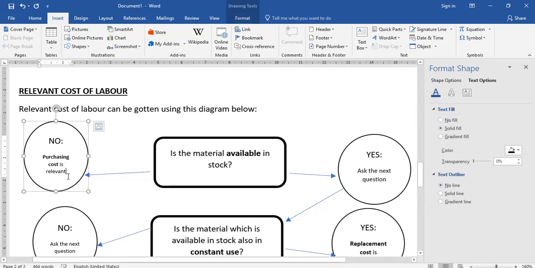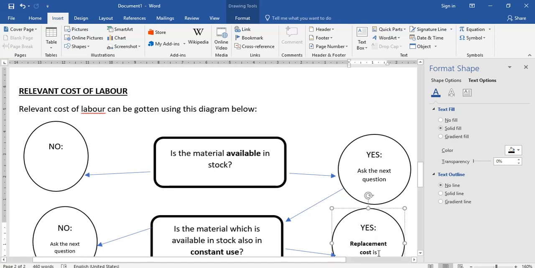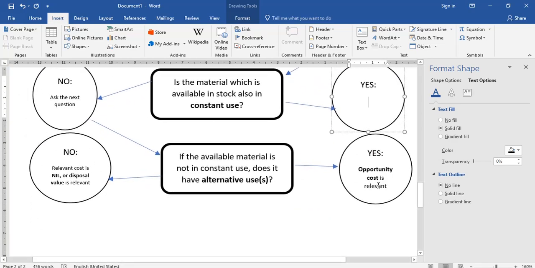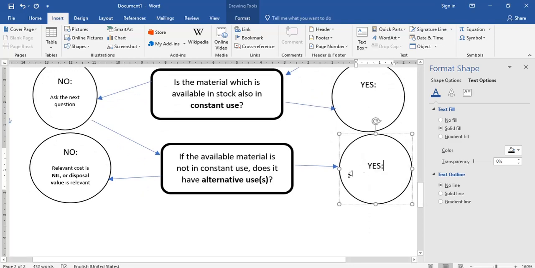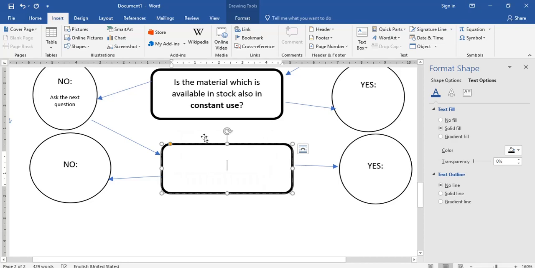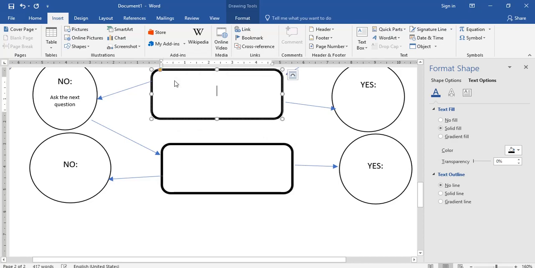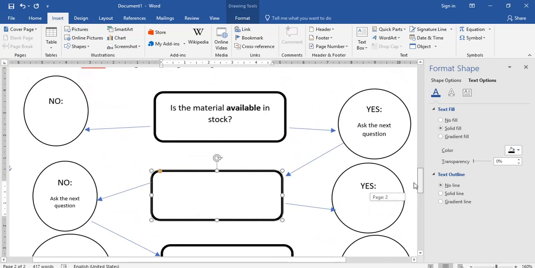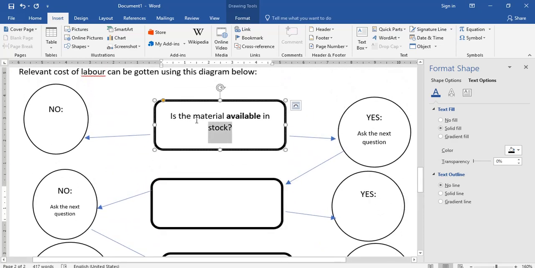So I will be removing this, moving this, okay, come back here again, I'll remove this, I'll remove this, okay, go up here, remove this, so I'm trying to adapt with the material.